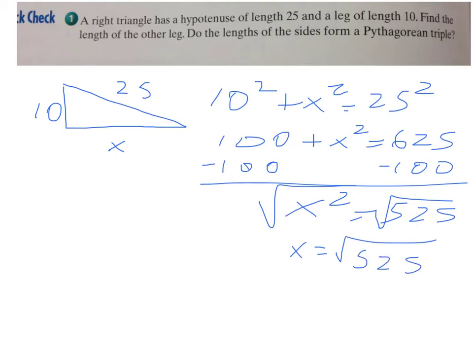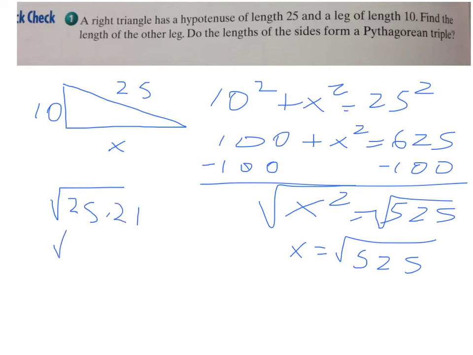Now we need to find the perfect square that goes into 525. Hopefully everybody would agree that 25 goes into 525 21 times.